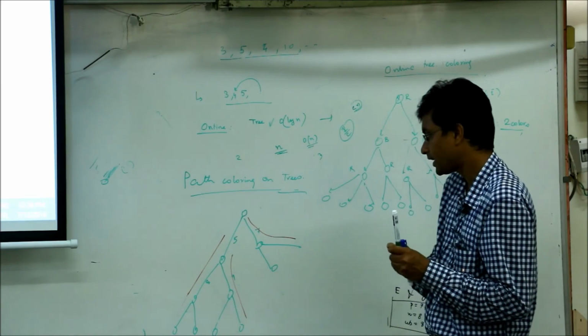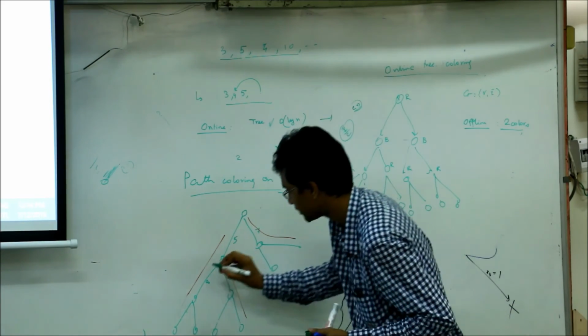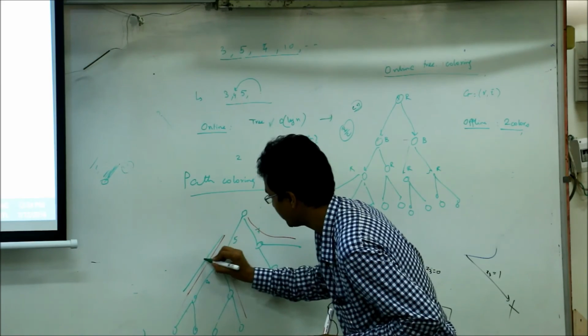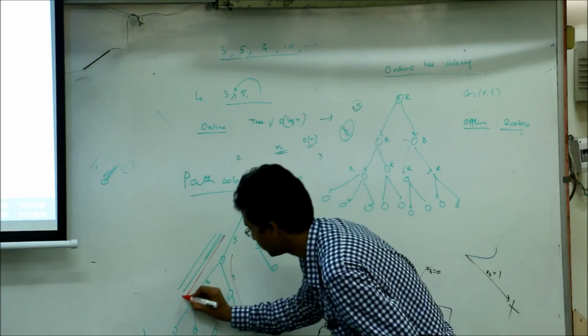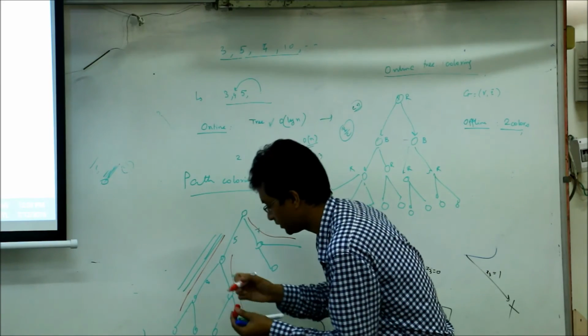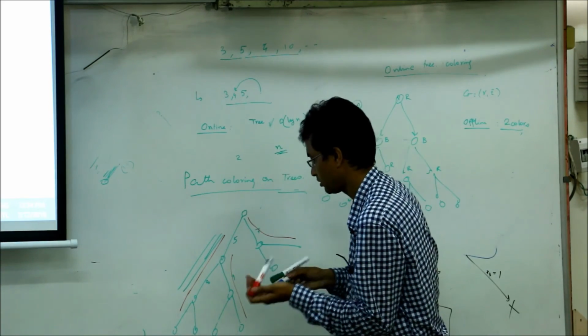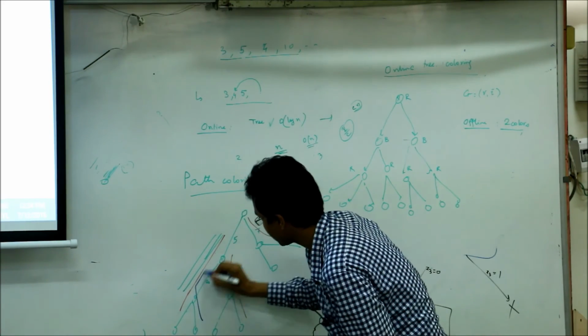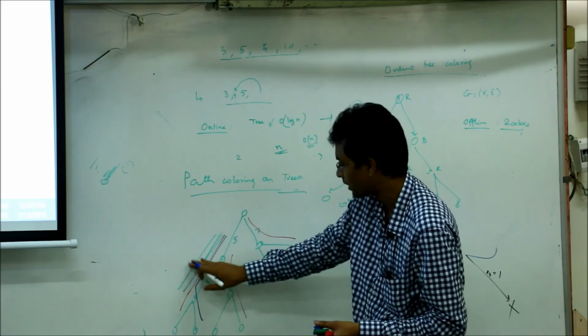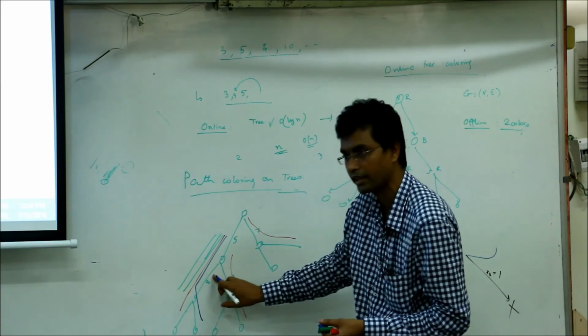But the constraint is that there will be multiple paths traveling across one edge. Maybe this is one path, maybe this is one path, maybe this is one path. So there will be multiple paths which pass through this edge.